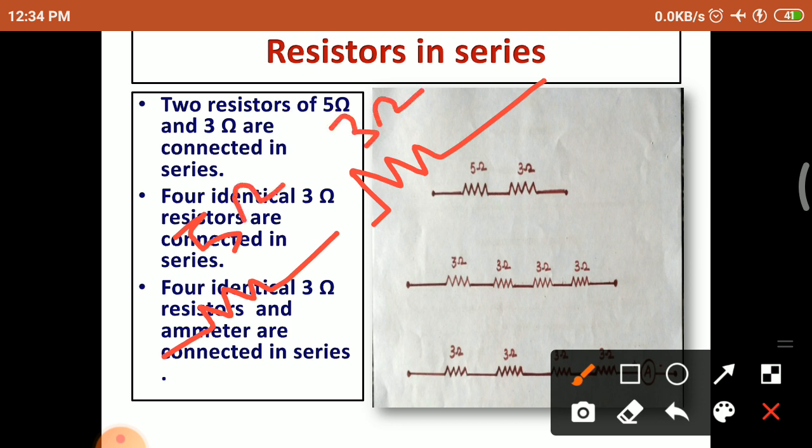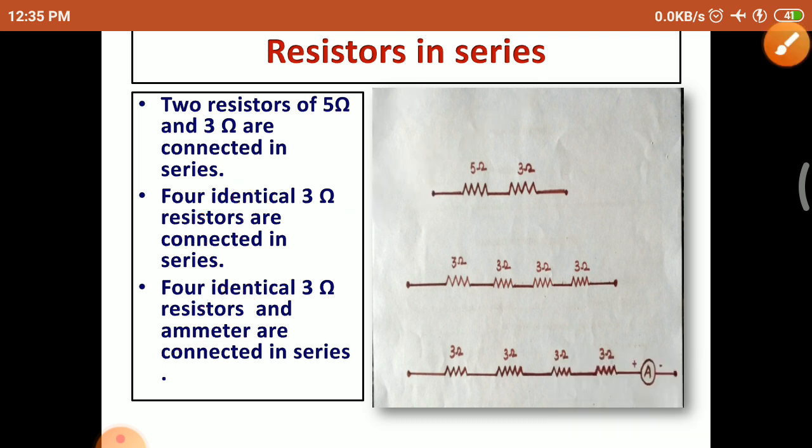These two resistors are connected in series. What is meant by series? When the resistors are connected end to end, then the connection is said to be series. So here one end of the 5 ohm is connected to the other end of the 3 ohm. So this is the circuit diagram for this sentence.